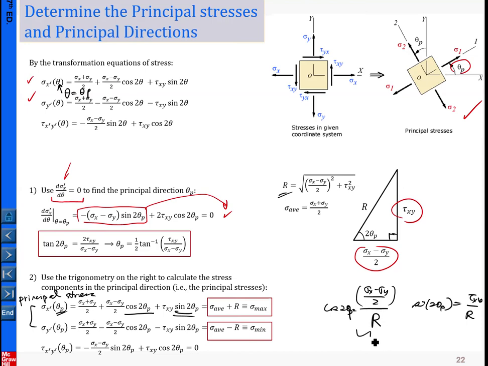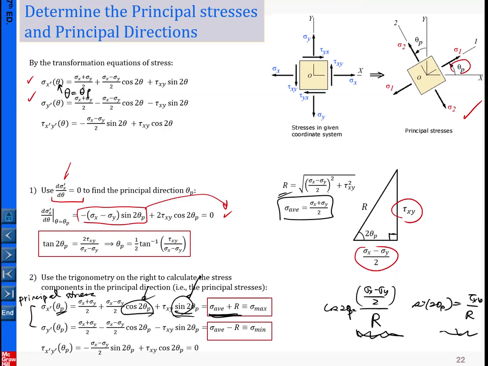You simply introduce the two terms into here, then do the calculation, and you should come up with a result equal to this one. I have done a simplification. Sigma average by definition is this one, and R equals this one. Again, for the first time learning this topic, you're supposed to introduce this and simplify the whole equation.